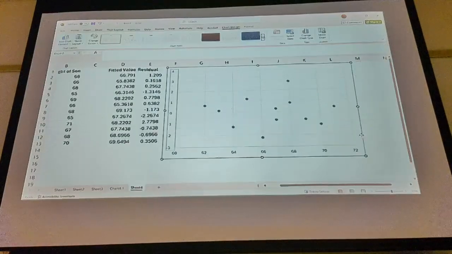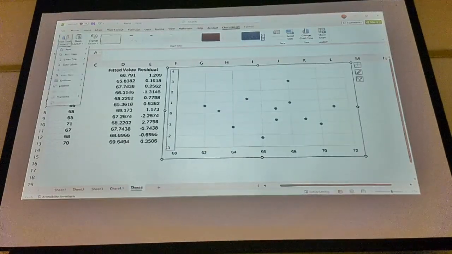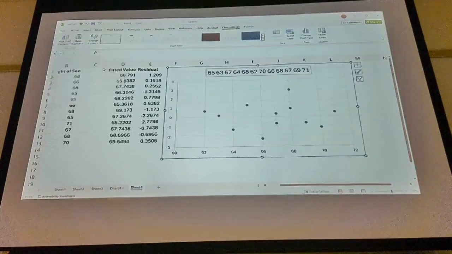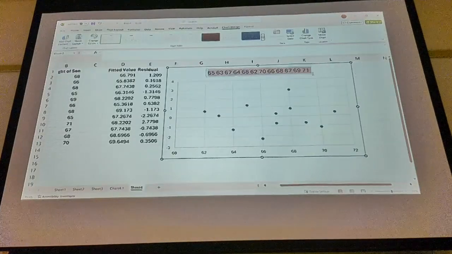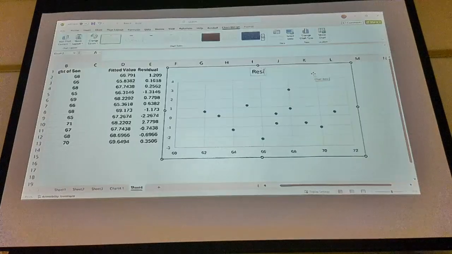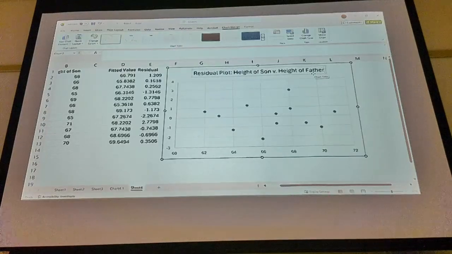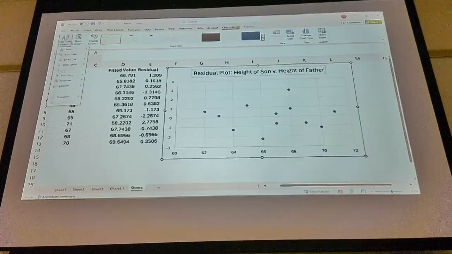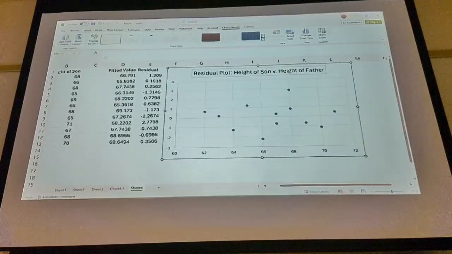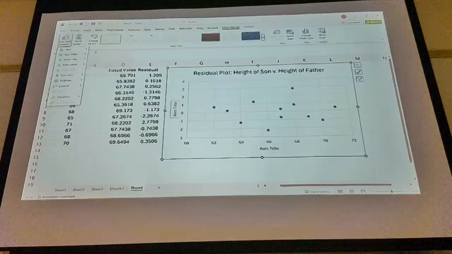So there's the residual. So again, chart title, let me add that back in. And that's the residual plot for the height of son versus height of father. Let's label the axes. What is the horizontal axis representing?